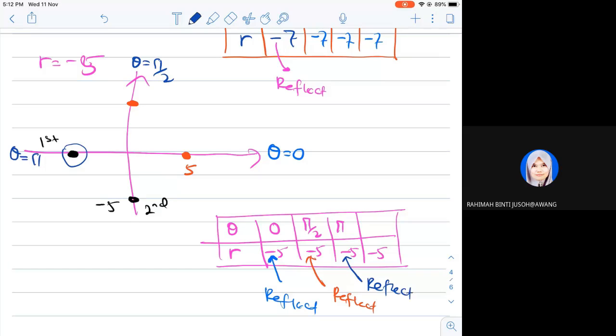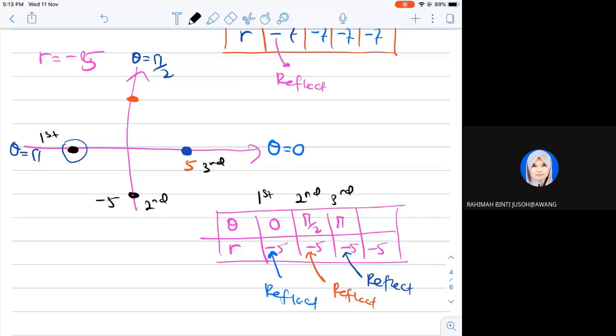Bila dia reflect titik ni, dia akan berada dekat sini. Dia songsang, patah balik jadi ke theta kosong. So this is the position of the third coordinate. Ni first column, ni second column, ni third column. Okay?